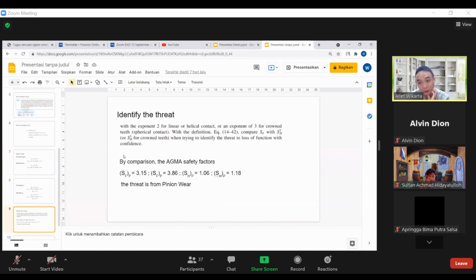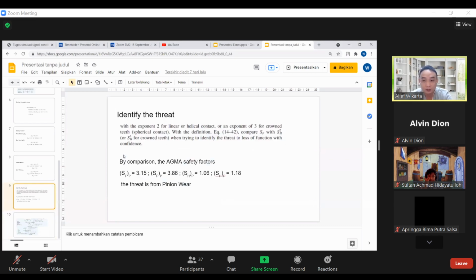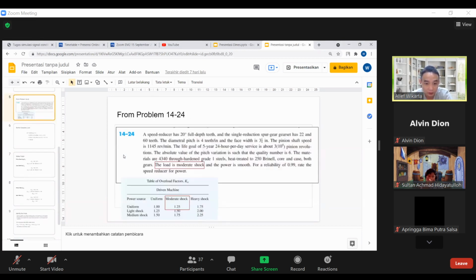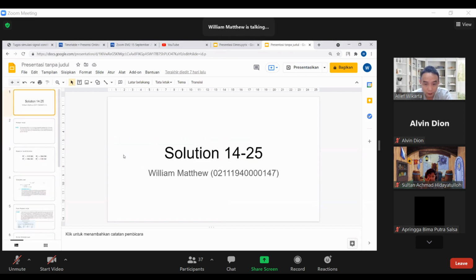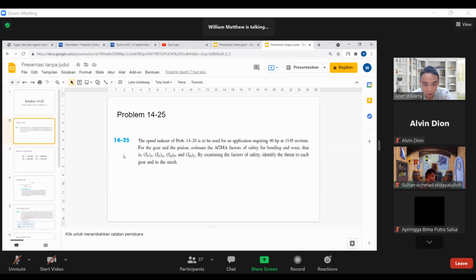What is the difference between the safety factor because of the bending and the safety factor with wear? So here we have to examine the factor of safety, identify the threat to each gear and to the mesh.